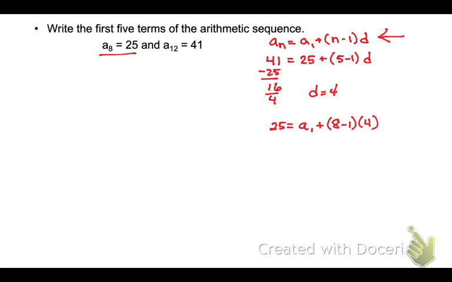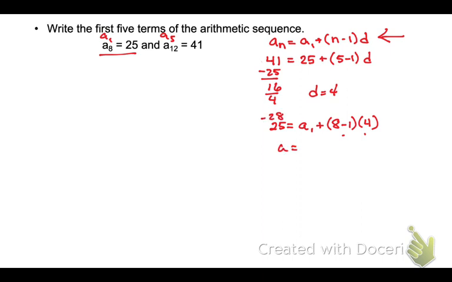So 7 times 4. Wait, what did you guys? What? 8? Oh, from a sub 8? Yes. Okay, where did you get the 5 the first time? Like 5 minus 1. Where did you get that? Oh, because this is a sub 1, and so this is a sub 5. Oh, okay. So minus 7. Okay, so 7 times 4 is 28.